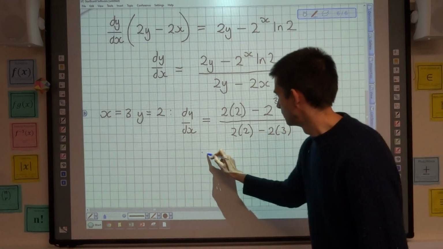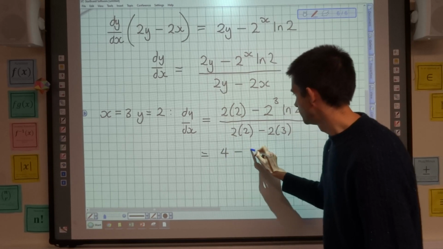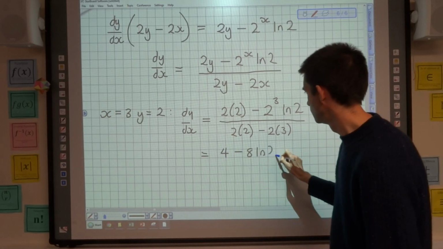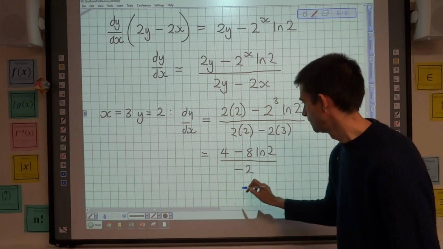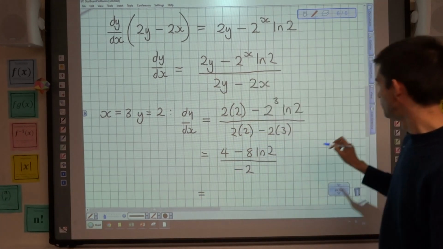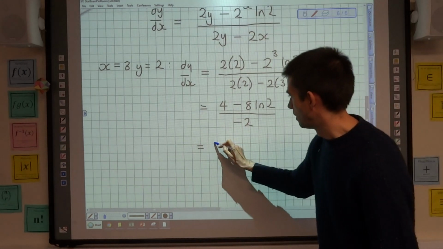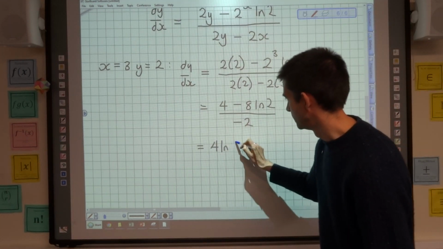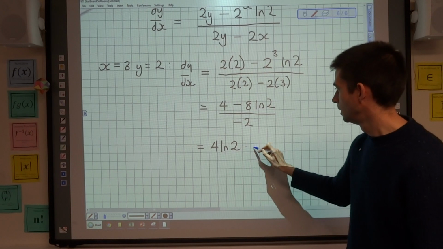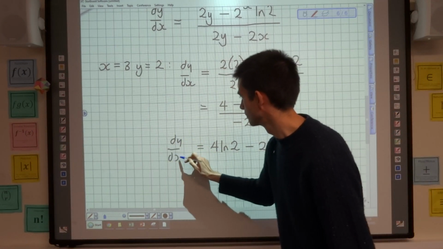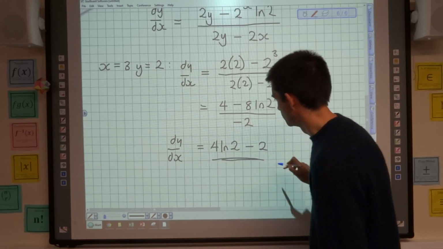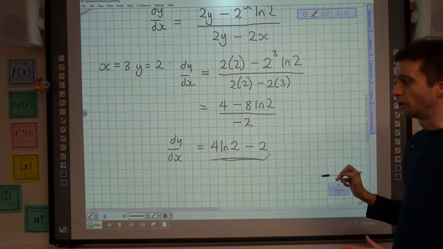So that is going to give us 4 minus 8 ln 2, all over 4 take away 6, which is negative 2. So that's going to simplify to 4 ln 2, dividing the negative 8 by the negative 2, minus 2 for dy dx. And that is the value of the gradient of that curve at the point 3, 2.